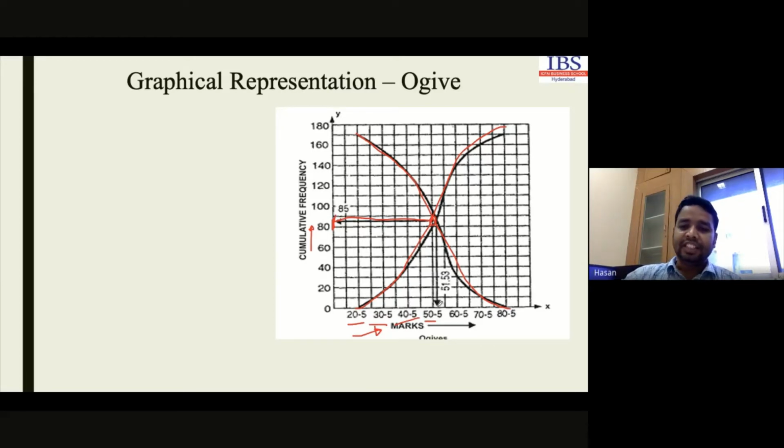Remember one thing: if we draw only one curve, either less than type or greater than type, we will have to identify the coordinate point which decides the middle position of the frequency. This will give the median value, and we can easily calculate the median from the curve by drawing the ogive only. Is that clear to you?